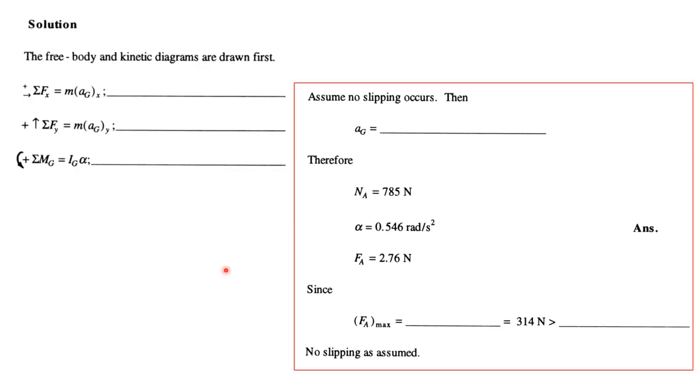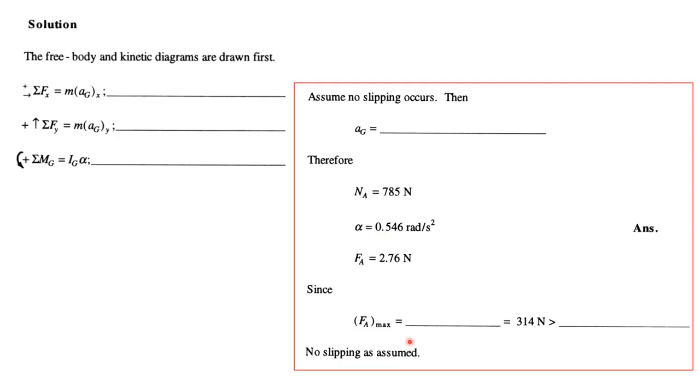So we are going to have the free body diagram sketched, the sigma of the force in the x-axis, sigma of the force in the y-axis, and the sigma of the moment around the point G equal to the IG alpha. We can do the sigma of the moment around the point A, and this will give me the force of the 30 Newton multiplied by the distance from A to the point, let's say B. Now, assume there's no slipping, then the AG should be equal to, therefore we're going to find the NA, the alpha, and the FA.